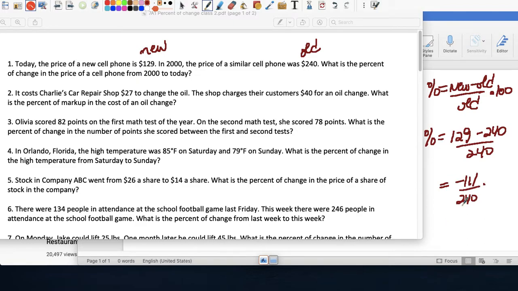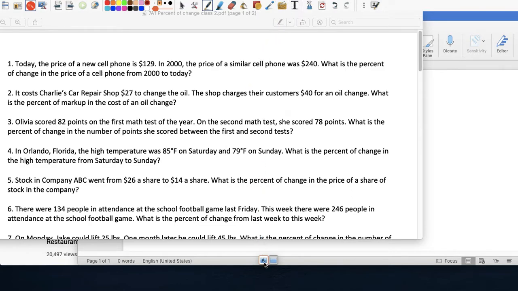We're going to get negative 0.4625, and if you multiply that by 100, you get negative 46.25%. The reason it's negative, right? It's negative because the price came down, right? So when the price decreases, it's a negative. Okay.